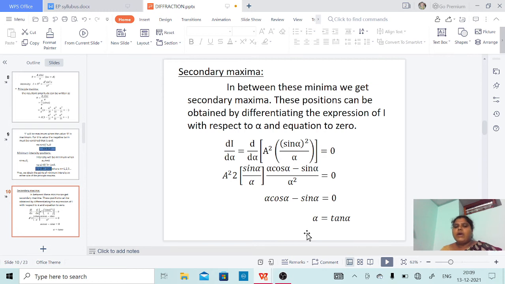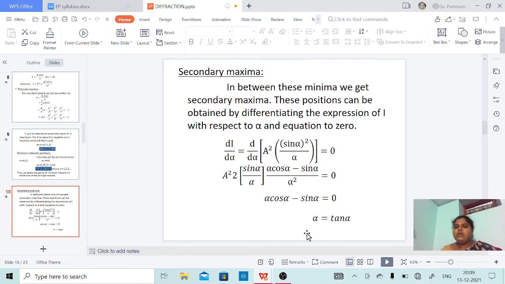Now a square, and d by dx of x square is 2x, so 2 sine alpha by alpha, and again sine alpha by alpha is in the form of u by v. What is the formula for the derivative of u by v? It is v into du minus u into dv, by v square.